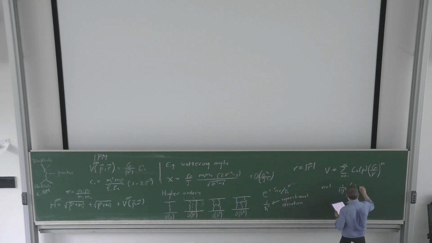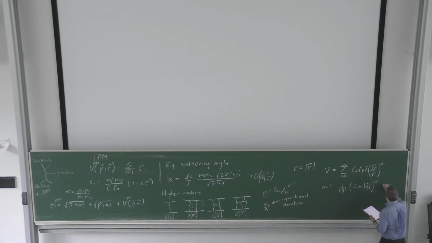these are the types of terms we're interested in: G^n m^n q to the 2n. So this is the even case. For the odd case, odd n, then it's q cubed, and then G^n m^n q to the 2n plus 1, and then there's a log q.